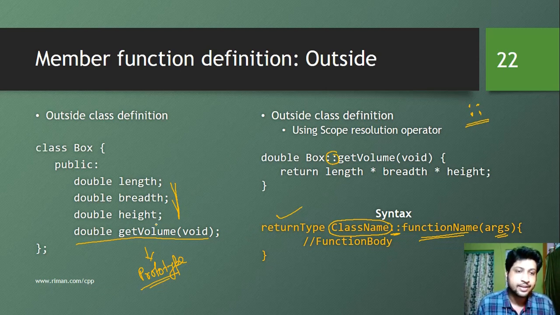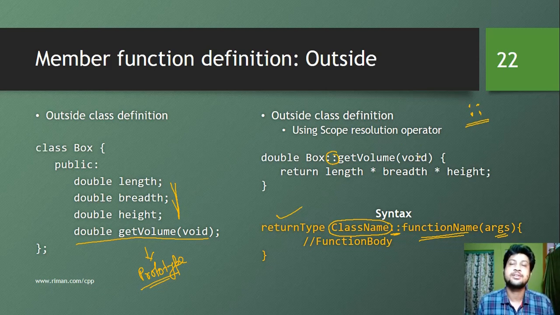Let's look at the definition of this member function outside the class. It will be double Box, scope resolution operator, Box, which is the class of that particular object, and then getVolume, that is the function name, and the argument list.